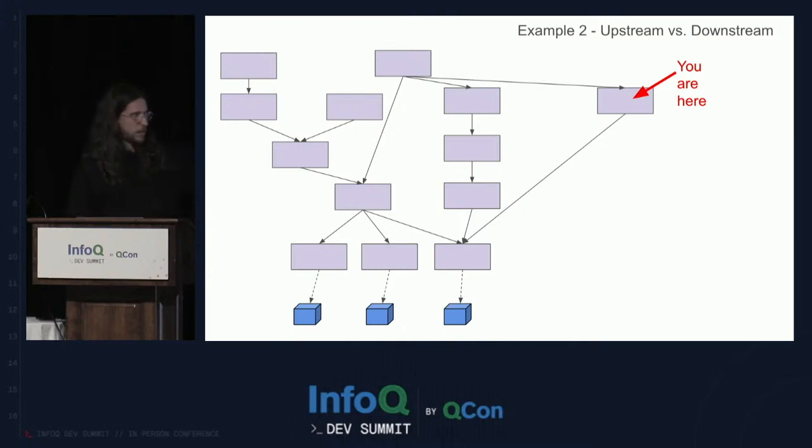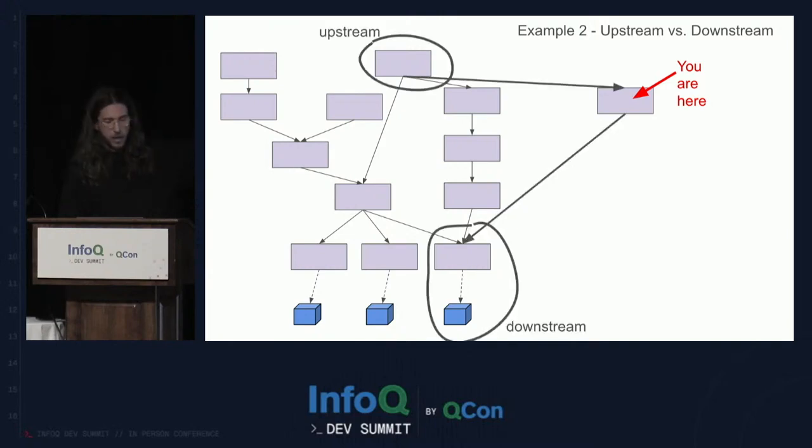But that's repos in purple, artifacts in blue, and let's imagine you're there, all the way to the right. So what you call upstream is whatever comes before you in the build pipeline. So libraries you use, services you consume, that's upstream. And everything that depends on you, your libraries, your Docker images, your services, that's downstream, okay?